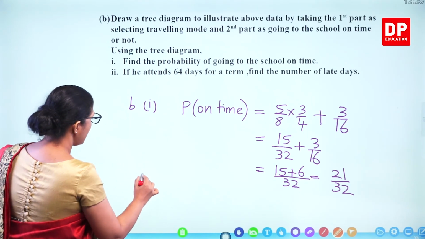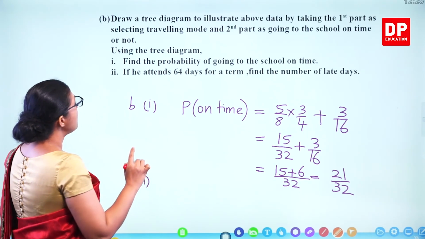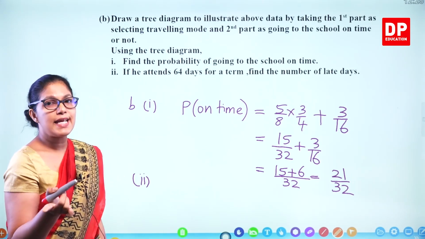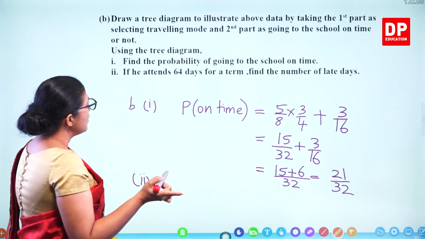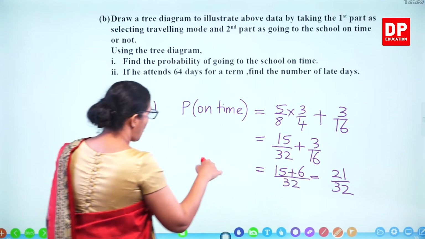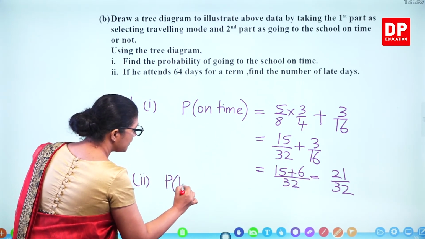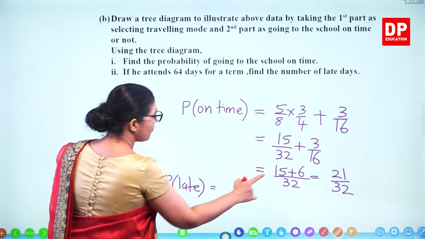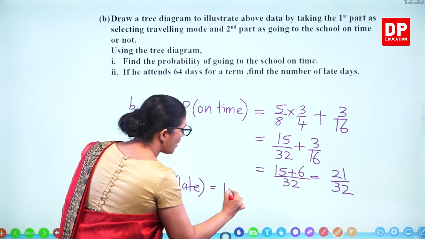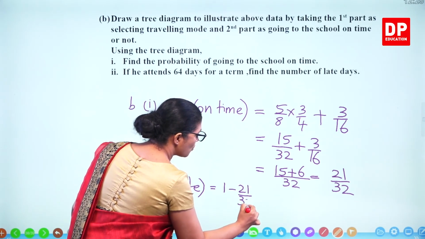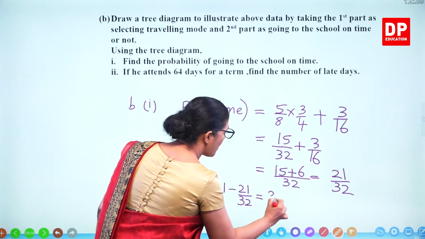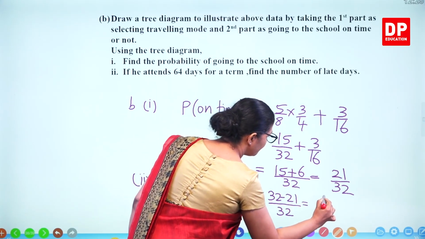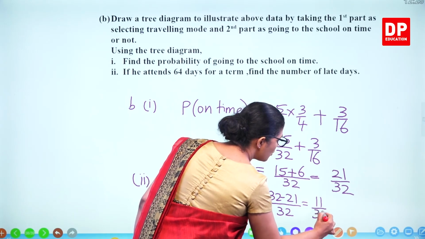Then the second part says, if he attends 64 days for a term, find the number of late days. So this is on time. What is the probability of being late? 1 minus that. 1 minus 21/32, so that means 32 minus 21 over 32. 11/32.